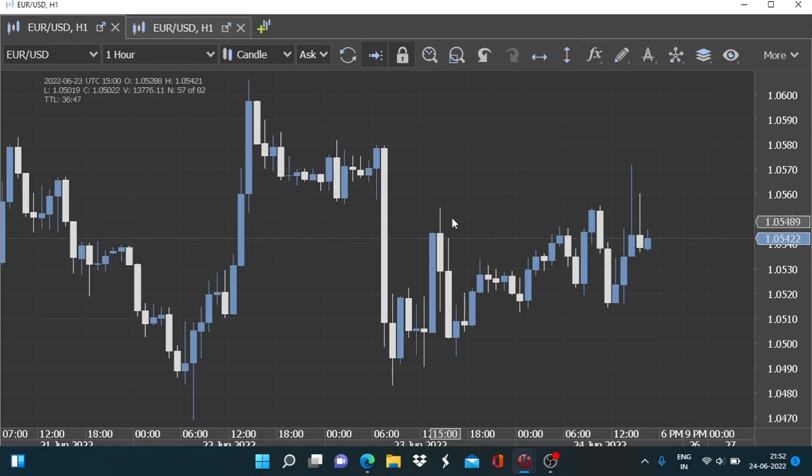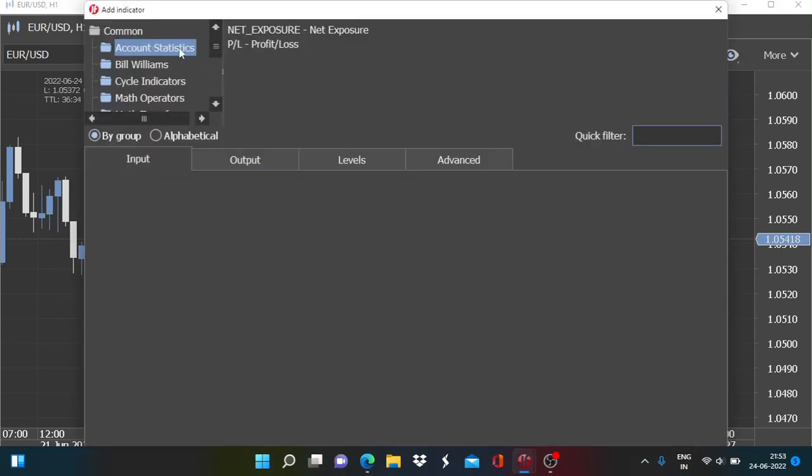So you can write to me in the feedback also. Here on this platform, if you are new to this, then you will get the indicators below these drop down options. You can do a quick search. You can add indicators from the cluster of various indicators: the account statistic, Bill Williams, cycle indicator, math operators, math transform, momentum indicator.